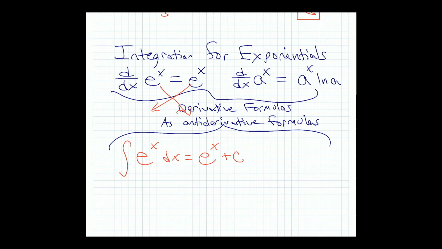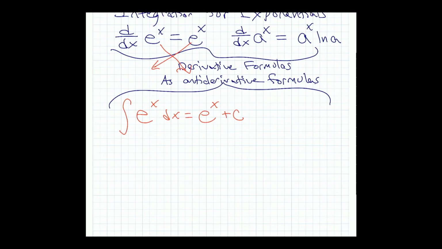And the same idea for the other one here. So we also have the antiderivative of a to the x ln a dx, which should be equal to the one on the left, which is a to the x plus c.